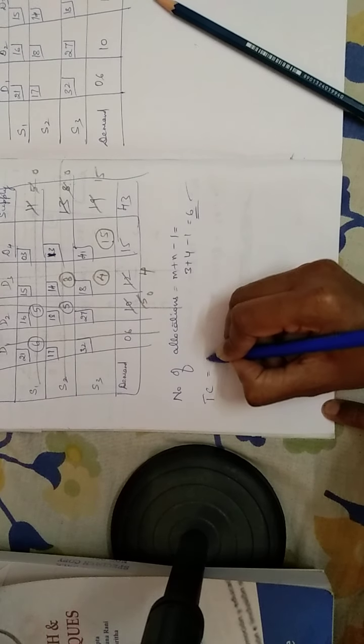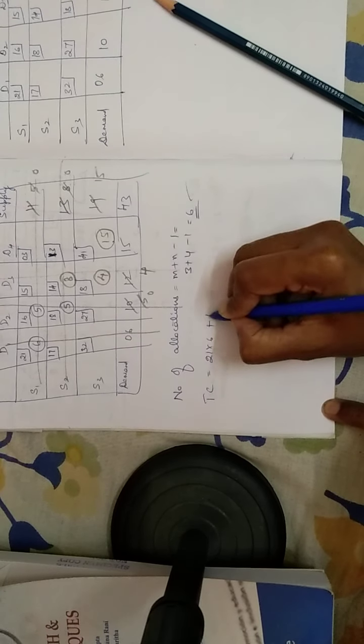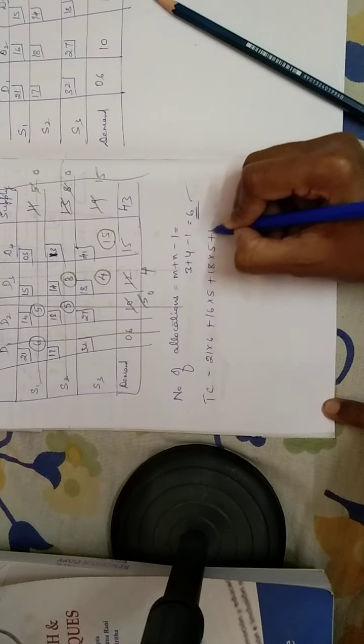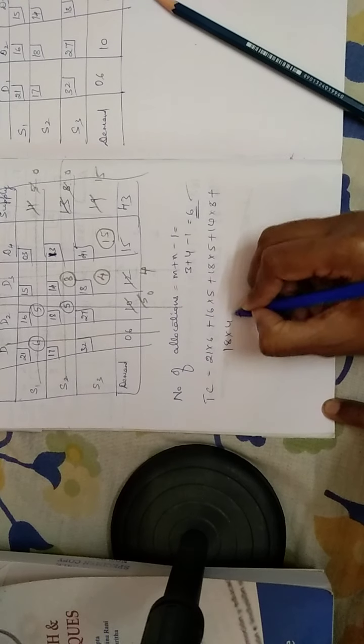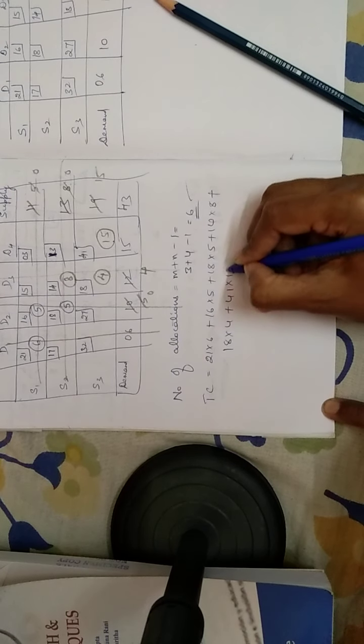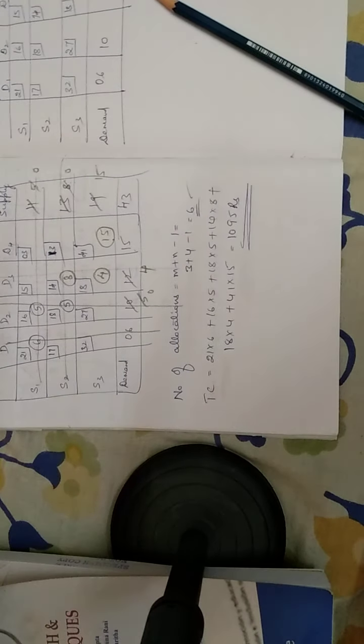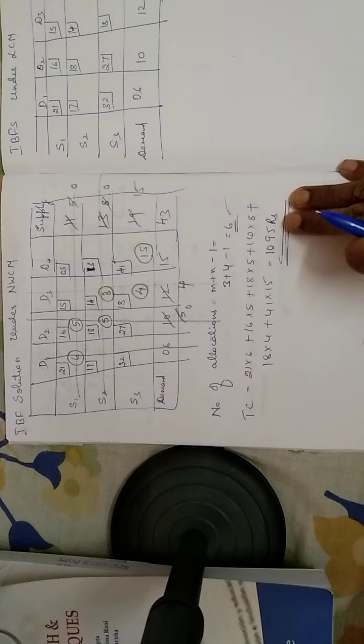Now I can work out the total cost: 21 into 6 plus 16 into 5 plus 18 into 5 plus 14 into 8 plus 18 into 4 plus 41 into 15. So 1095 rupees is what we get under the northwest corner method.